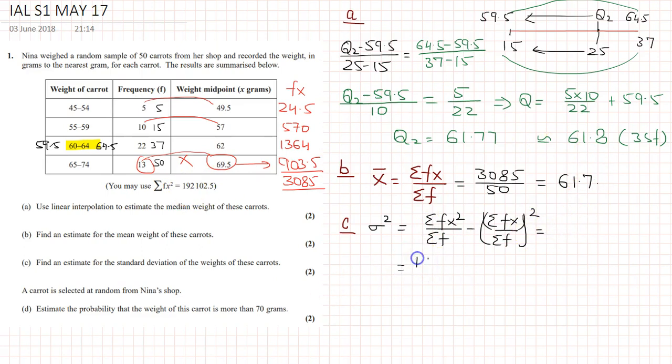192102.5 over 50 minus the mean, 61.7 squared.